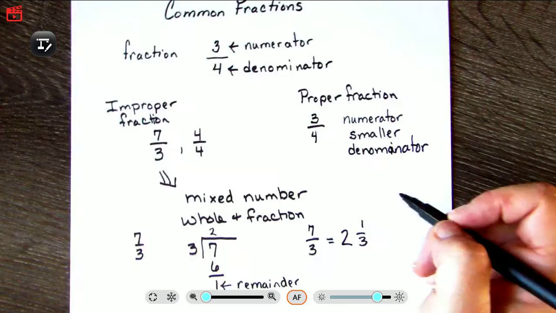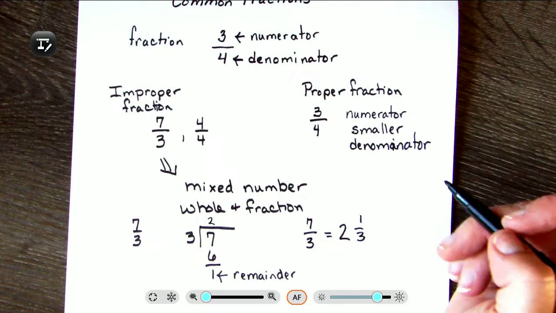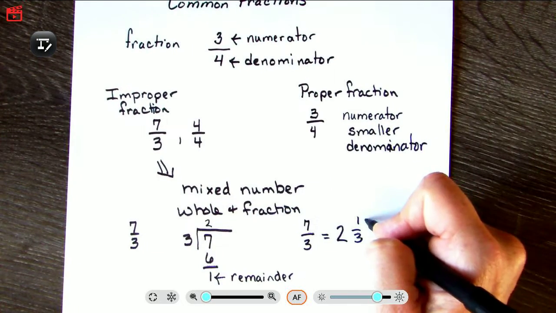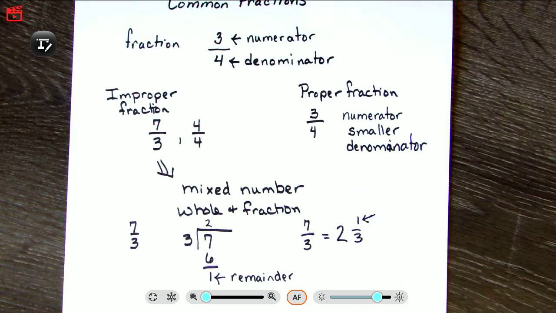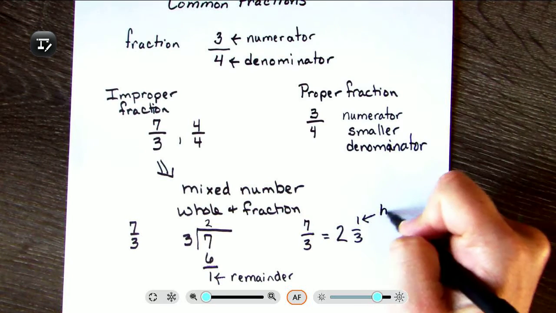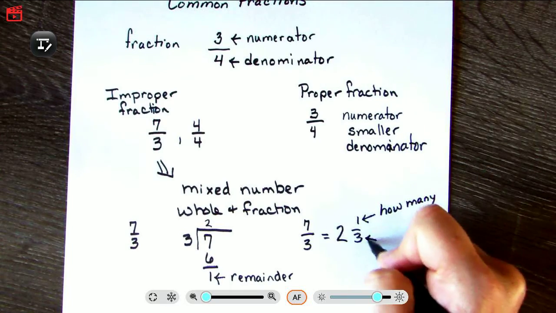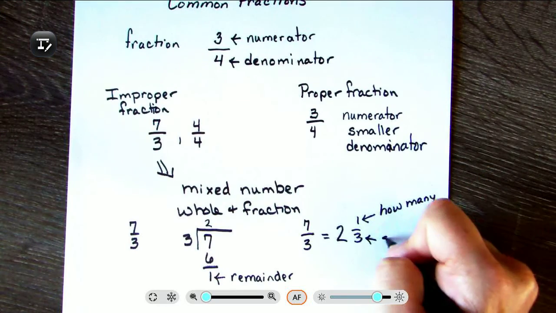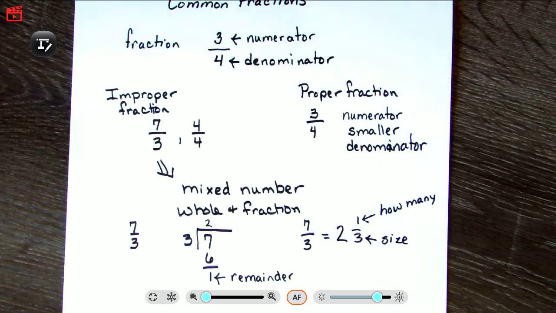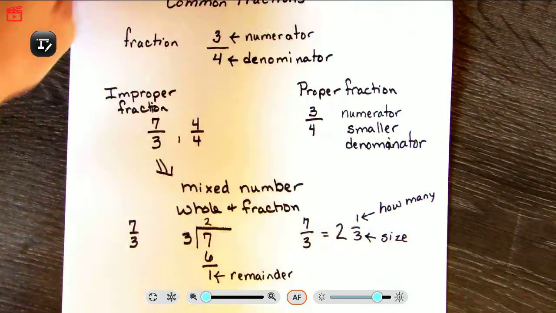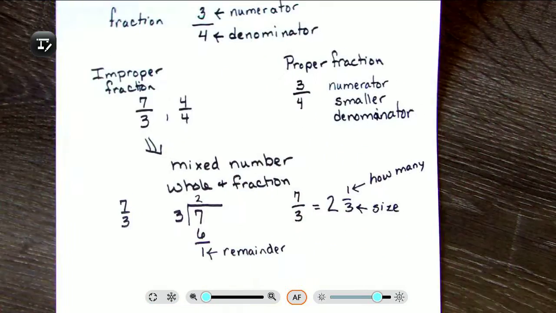I like to sometimes think of a fraction as 2 parts. The numerator kind of telling you how many you have, and the bottom number telling you the size. And you may remember way back in elementary school, you may have put like pieces together.